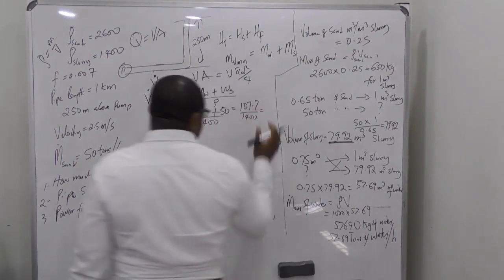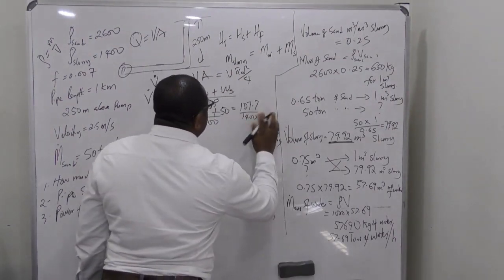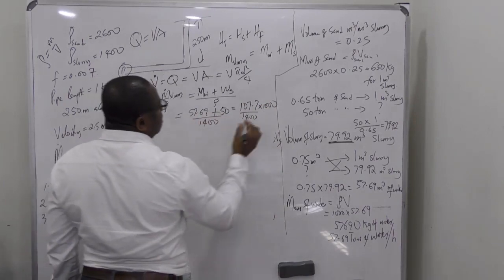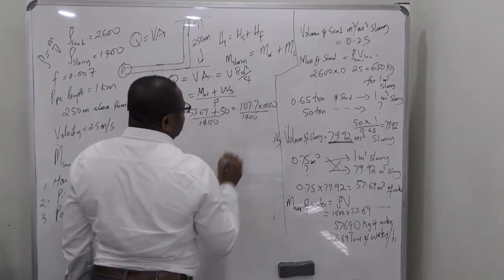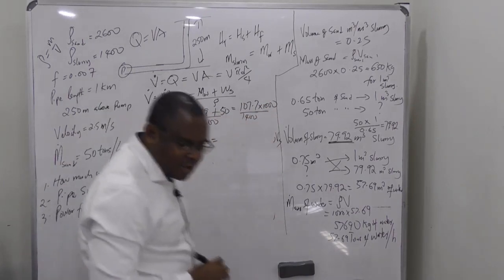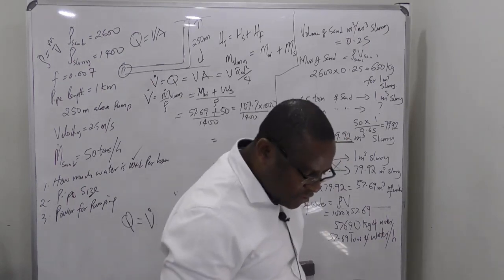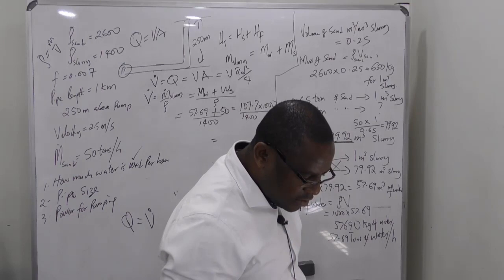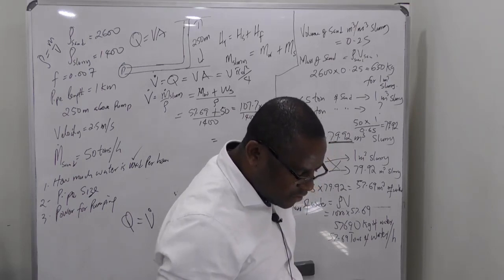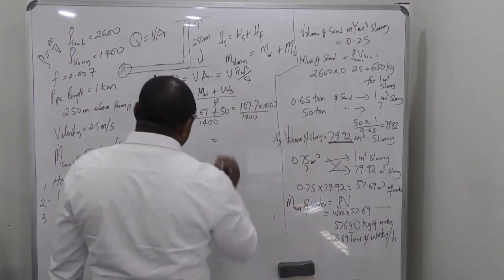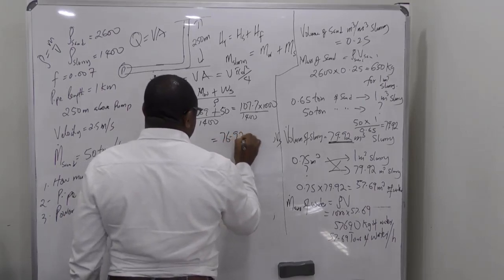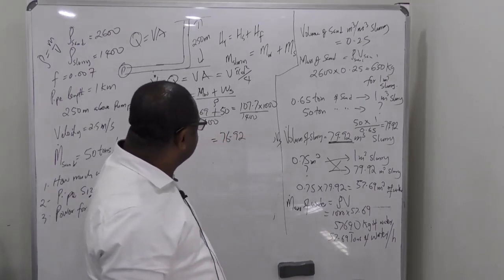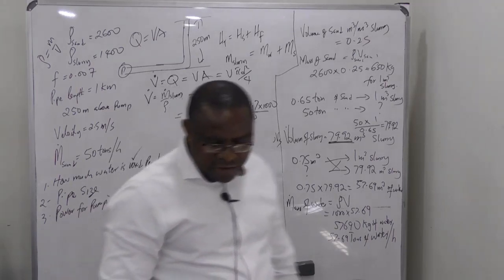Remember that this is in tons. This is 50 tons. All right, so you divide that, you get 0.0769, so multiplied by 1000, that is 76.92.